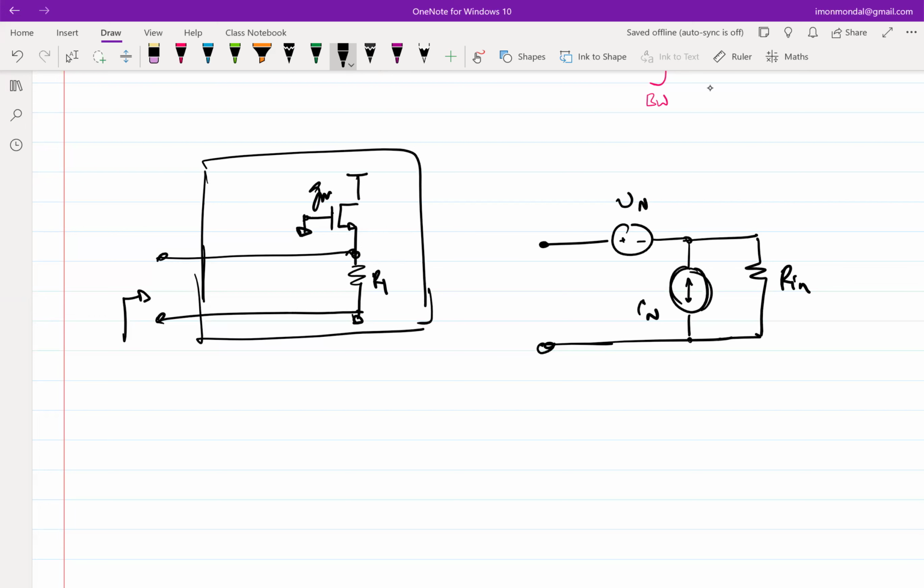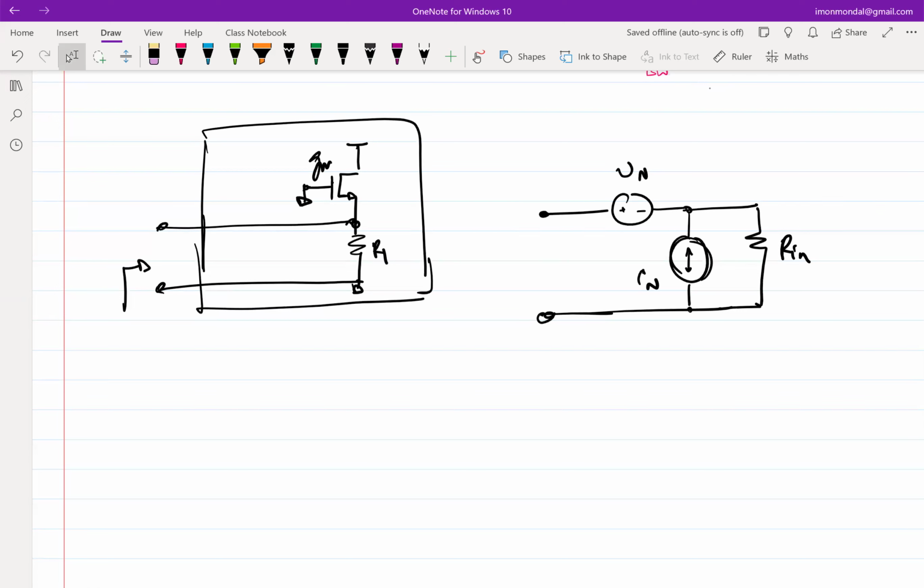When I say gm, obviously I mean we are referring to the transconductance of the device. So how should I go about finding these input referred noise sources? Note that they don't exist in principle. This is a model. So what is the algorithm? How do I figure out what the input referred noise will be?